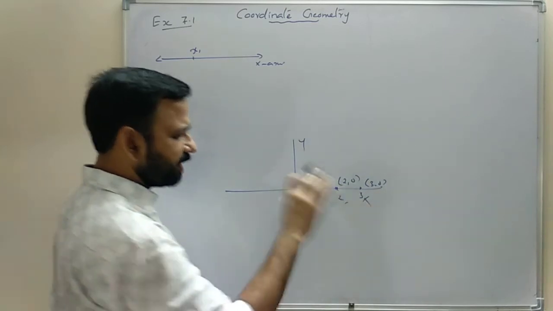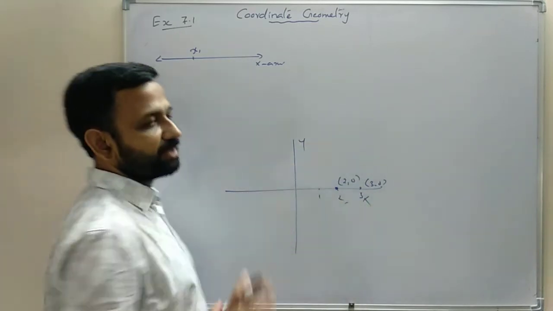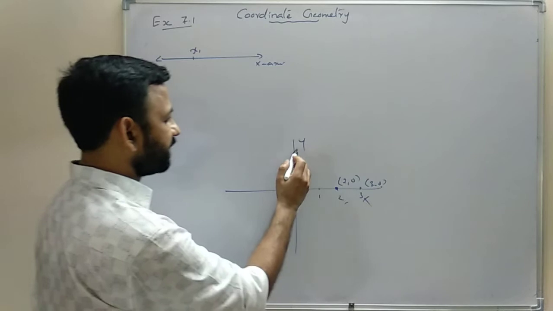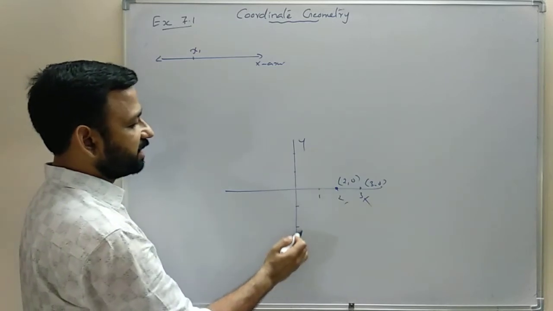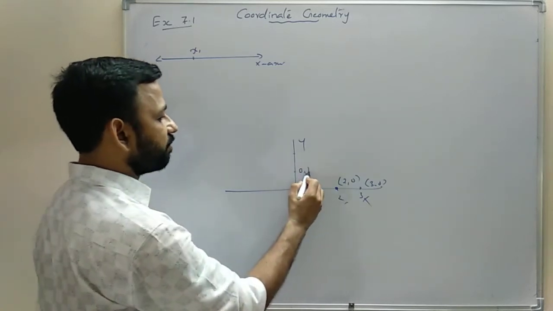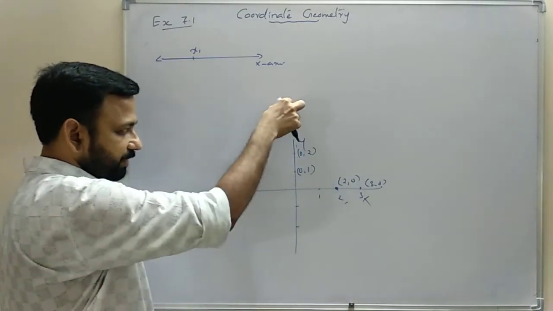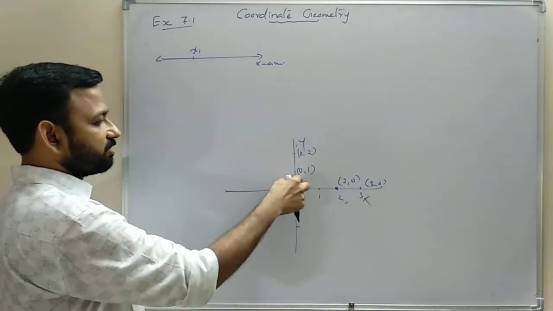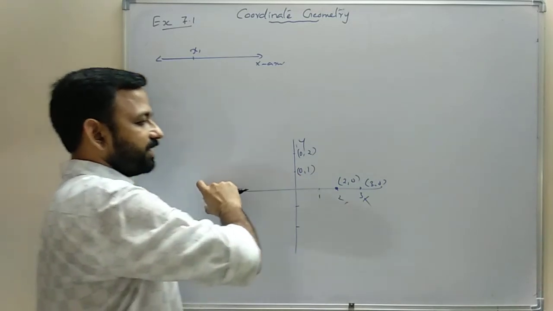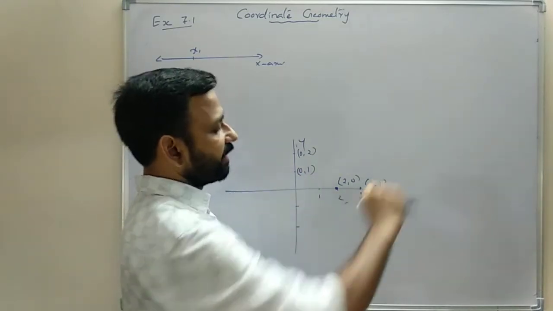So when we take any point from the x-axis, the y-coordinate is 0. And similarly, when we take any point from the y-axis, its x-coordinate is 0. This is (0, 1). This is (0, 2). So when we take any point from the y-axis, its x-coordinate is 0, and when we take any point from the x-axis, its y-coordinate is 0.